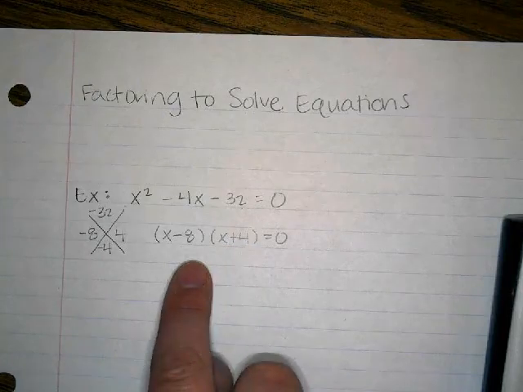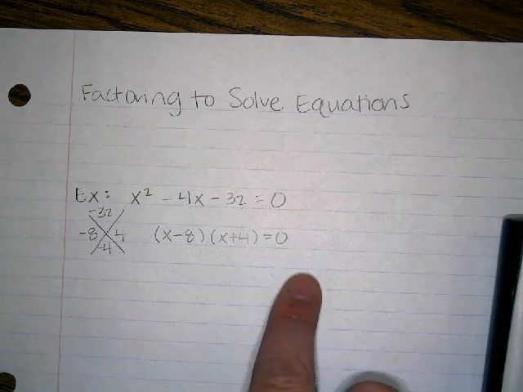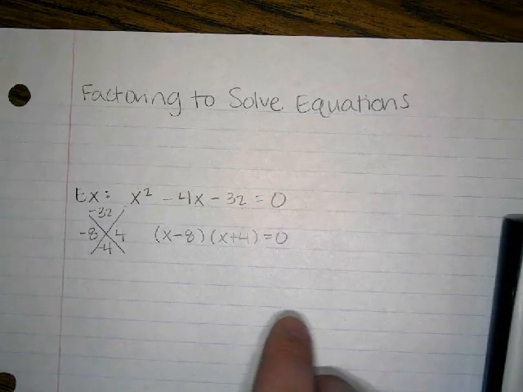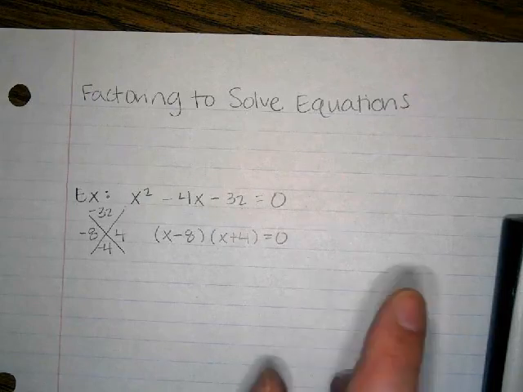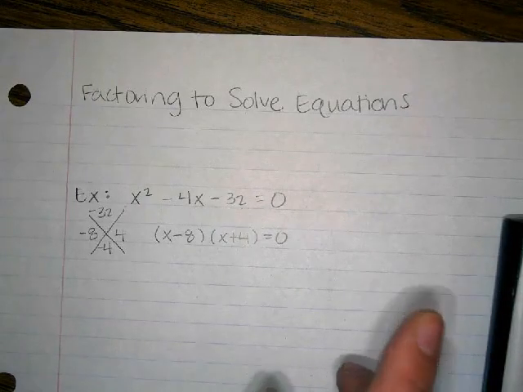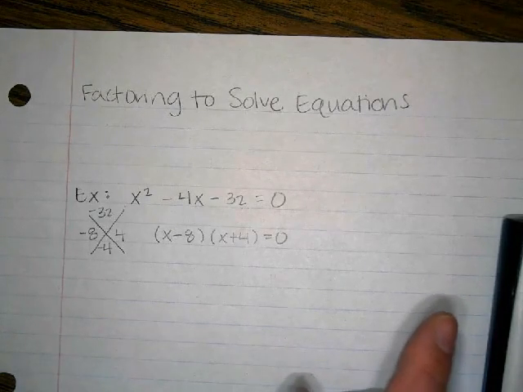And I would end up with one number times another number equals 0. How do you multiply numbers together and get 0 as an answer? What would one of the numbers have to be? One of the numbers would have to be 0, okay?